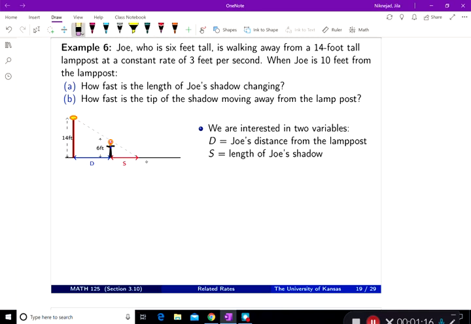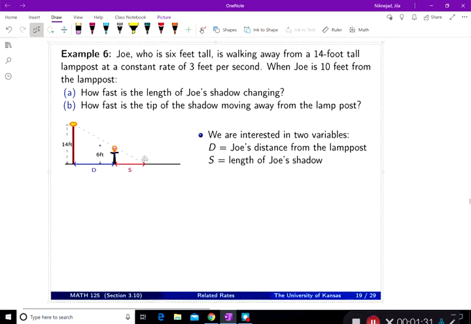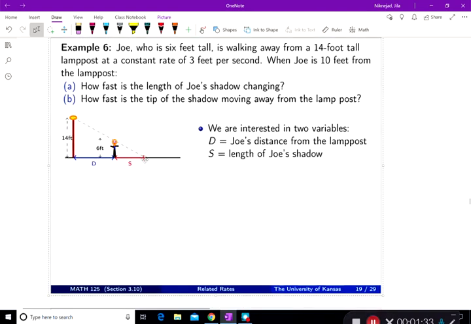The other interesting part is that this shadow gets bigger and bigger as Joe moves away from the lamppost. Also, when Joe moves away from the lamppost, the distance between Joe and the lamppost increases.